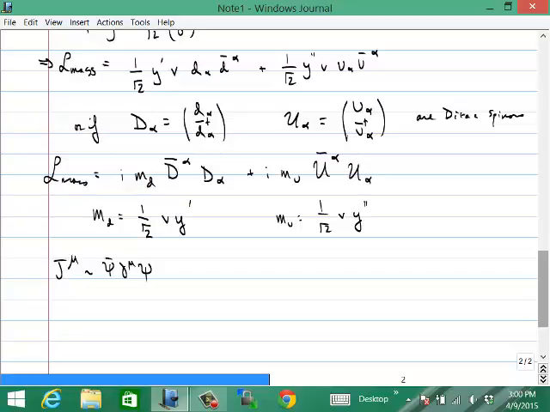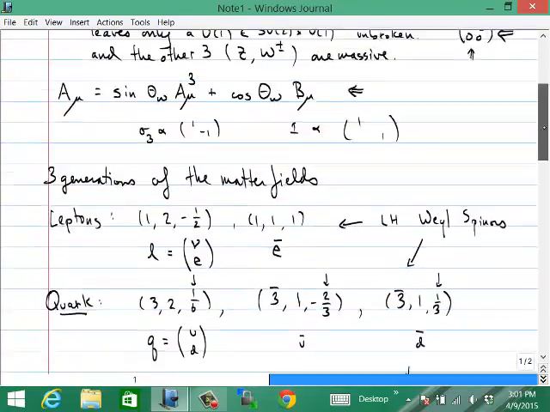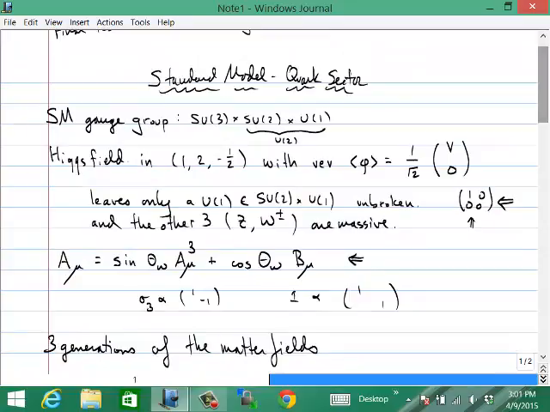Okay. So what are the electromagnetic charges here? Remember that the electromagnetic charge, Q, is the thing that's generated by this element of U(2), which we've written down here.